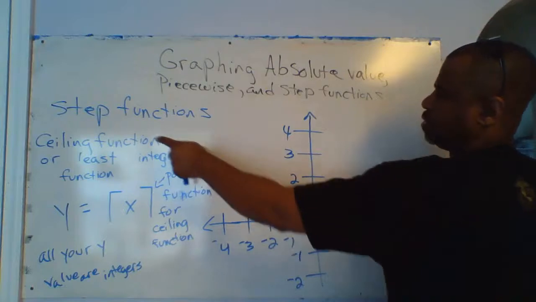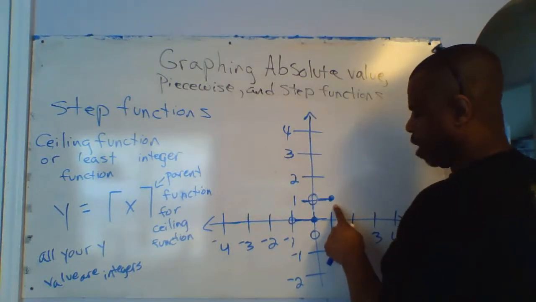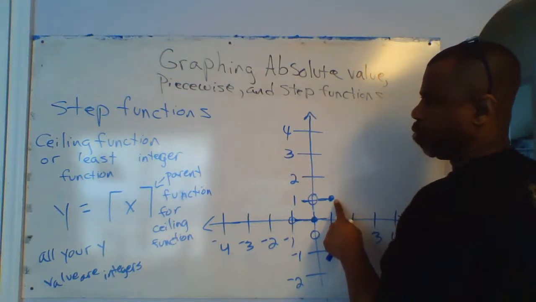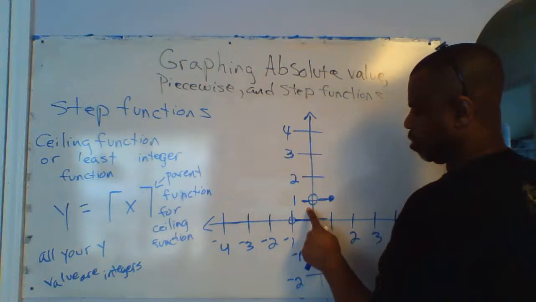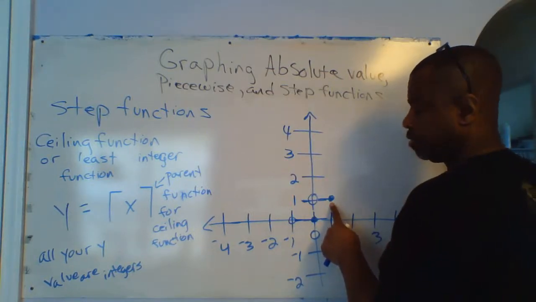So it's the highest value it can be at 0. Then if you go to 1, at 1 itself, the highest value your y can be is 1. So between 0, greater than 0, up to 1, your value is going to be 1.